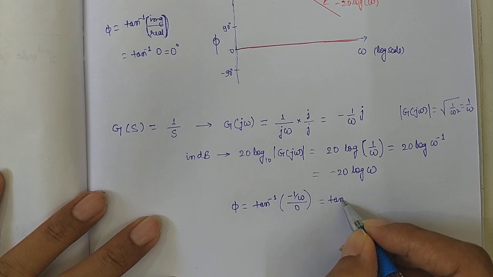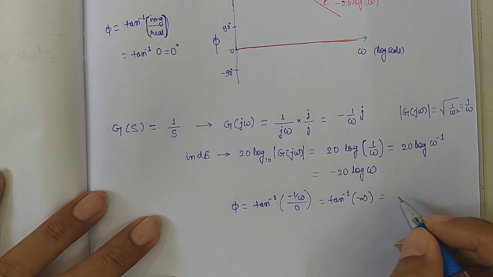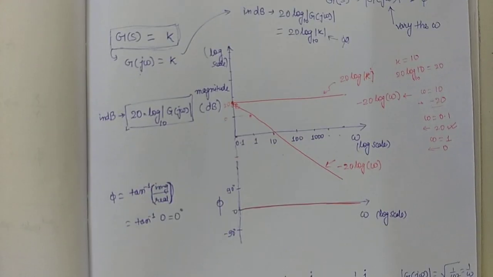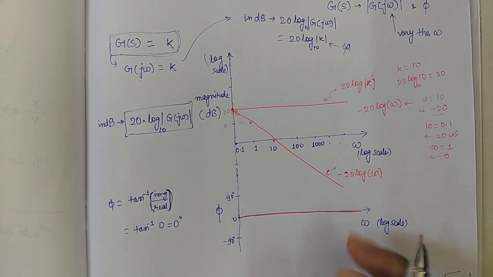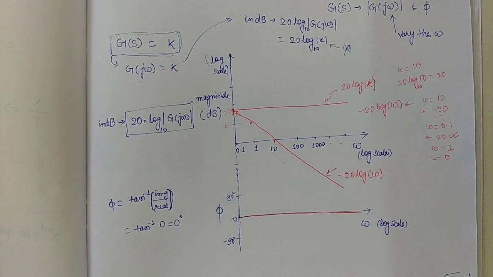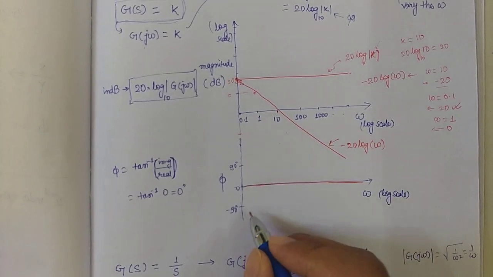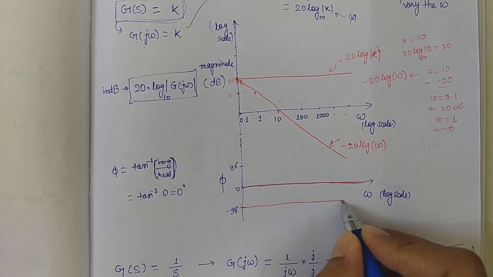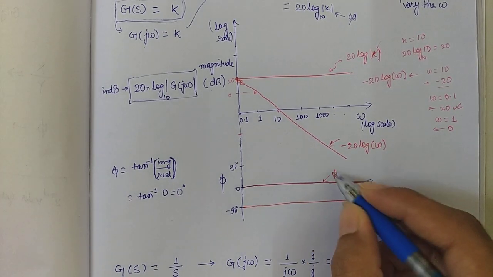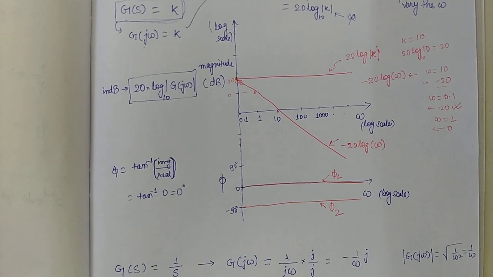So tan inverse of minus infinity is equal to minus 90 degrees. So this function phi will look like this. This is your phi 1 for the first case, this is your phi 2 for the second case.